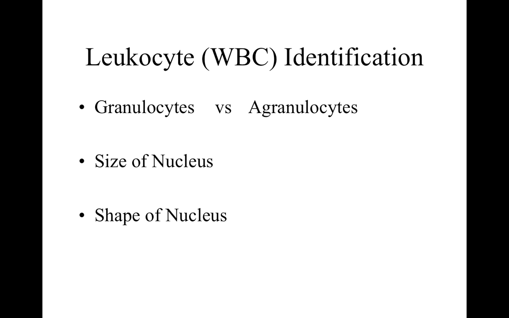Okay. So when you try to identify these under a microscope, the granulocytes look like they have grains in them. The agranulocytes don't appear to have grains. Size of the nucleus is a big one, and the shape of the nucleus.